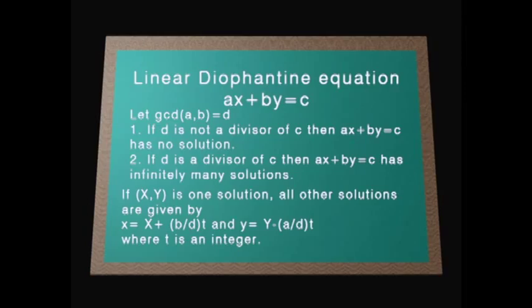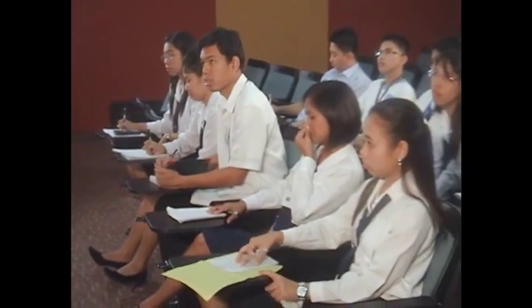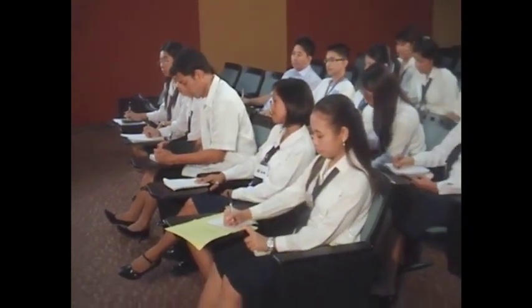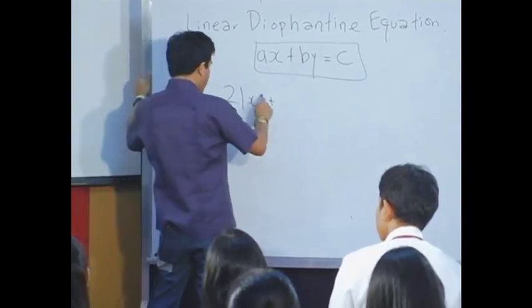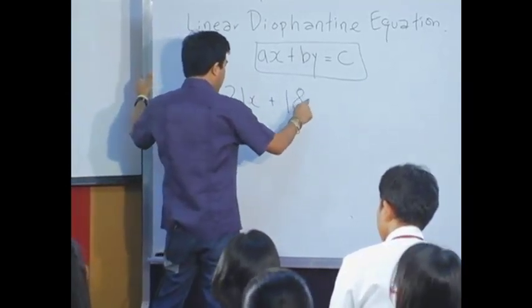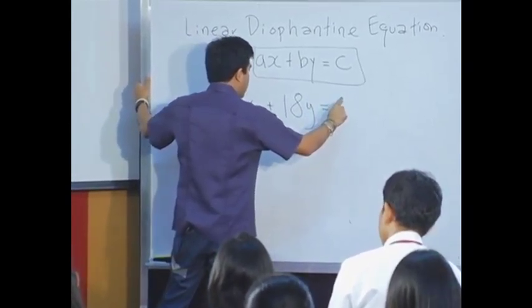I'll give you an example. Suppose we look at the Diophantine equation 21x plus 18y, let's say, is equal to 29.